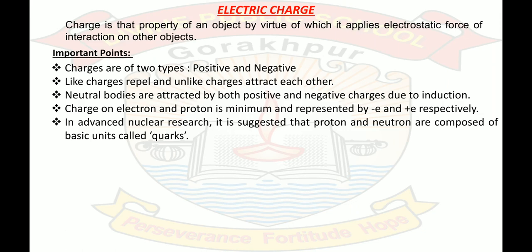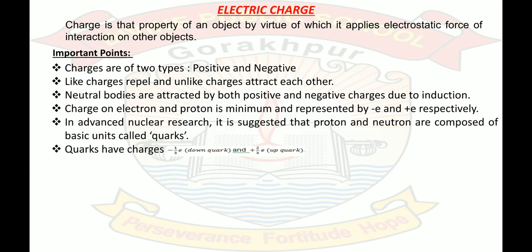Now quarks are of two types, up quark and down quark. Quarks have charges minus 1 by 3 e, which is called down quark, and plus 2 by 3 e, which is called up quark. A proton consists of 2 up quarks and 1 down quark, UUD.